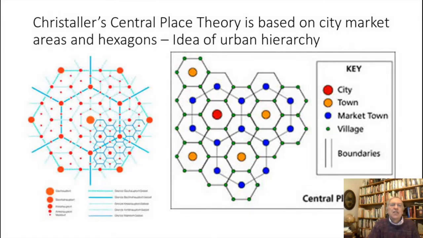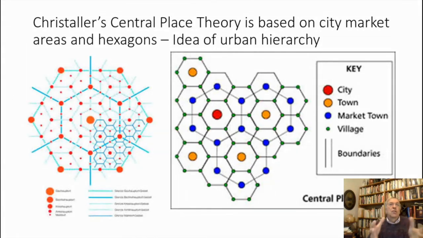And what he said, basically, he based it on the idea of hexagons. Remember the thing about every little village, city, and town is a magnet. And it attracts people, in theory at least, from the closest areas. Because you go back to the days of people, farmers walking places, and horses and buggies and so on.